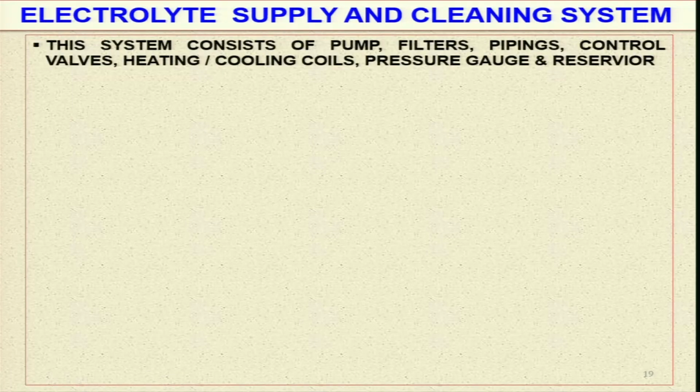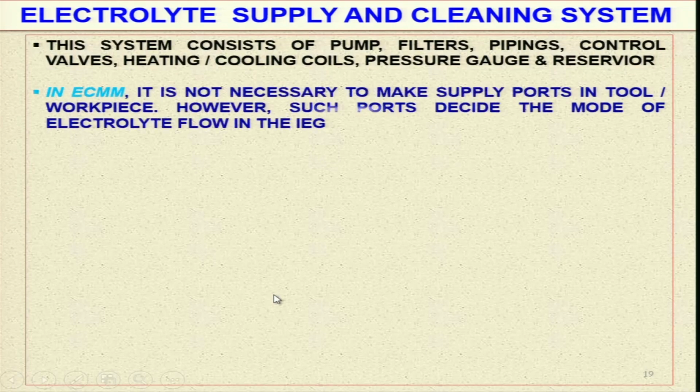Electrolyte supply and cleaning system. This system consists of a pump, filters, piping, control valves, heating and cooling coils, pressure gauge and reservoir. In ECMM, it is not necessary to make supply ports in the tool or workpiece. This is a very important point. However, such ports decide the mode of electrolyte flow in the interelectrode gap, because in case of ECMM, tool sizes are in terms of a few tens of micrometers itself, and to have supply ports in such small micro tools is very difficult.